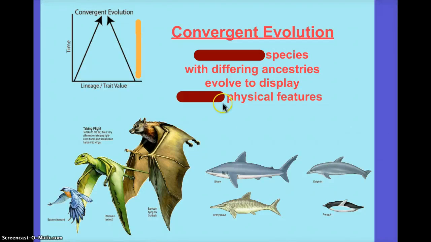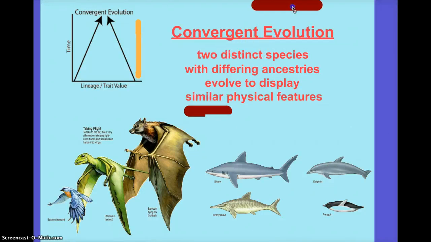That's it. They have similar features, even though they come from, and I wouldn't just say two, I would say from differing ancestries, okay? Because we're kind of looking at two to one feature, because you're looking at the graph and you're thinking of convergent and you're thinking like two comes to one. So you have two different species that had different features, but they've developed a similar feature over time based on environmental conditions and their need to survive.